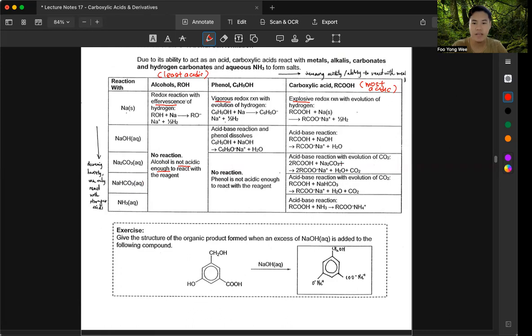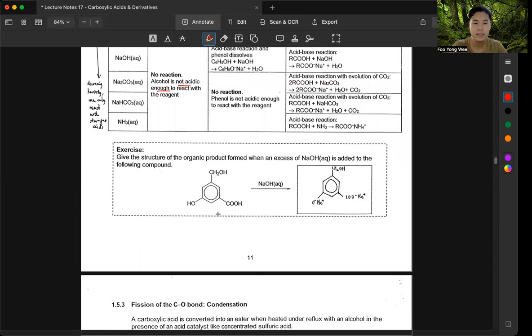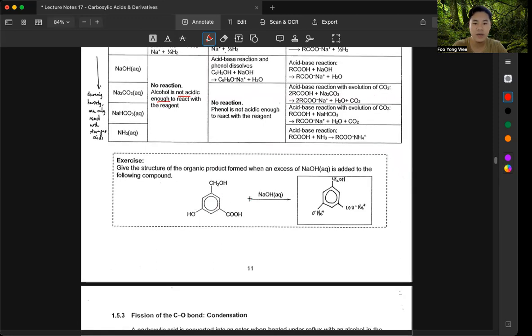Acid, yes, everything. Okay, just for your reference. Now, given this structure, if you add sodium hydroxide, what will be formed? This one and this one will react, but this part here is not acidic enough to react with the base. Only the phenol part and the carboxyl group part.